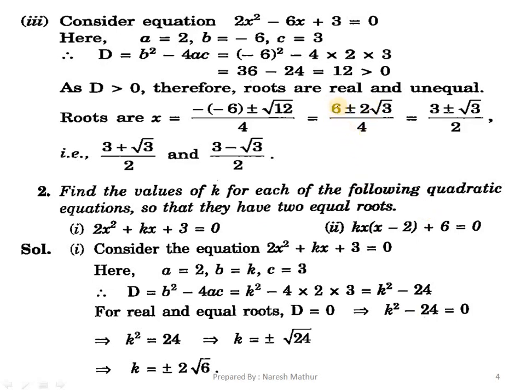From here we'll take 2 common, so it will be 3 plus minus root 3 in brackets upon 4, so that 2 will be cancelled out with that 4, and it becomes 2. So we have 3 plus root 3 upon 2 and 3 minus root 3 upon 2.